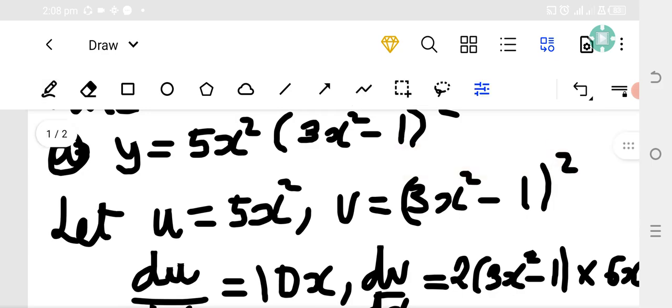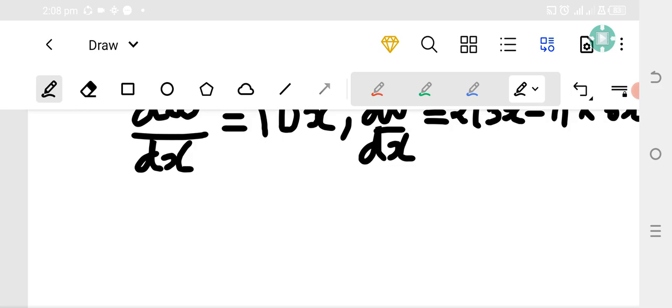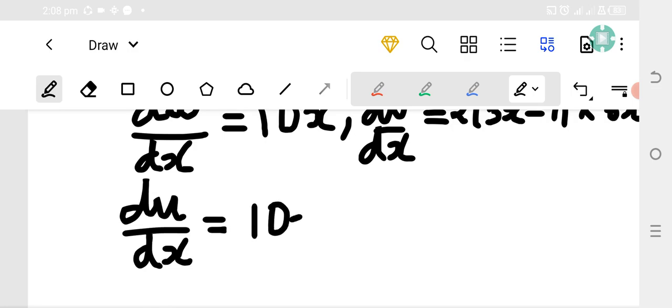Then to continue, we're going to simplify. du/dx is equal to 10x, simple as that.